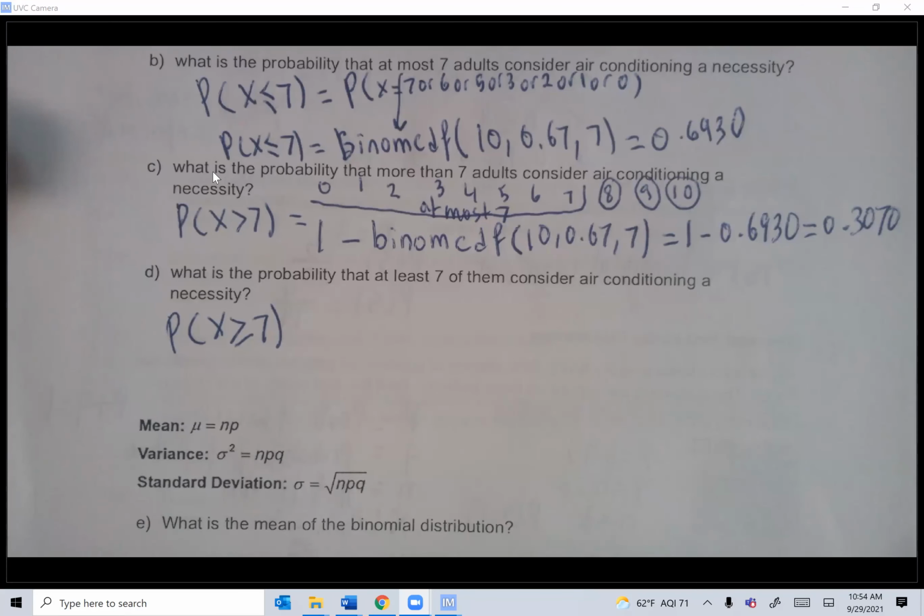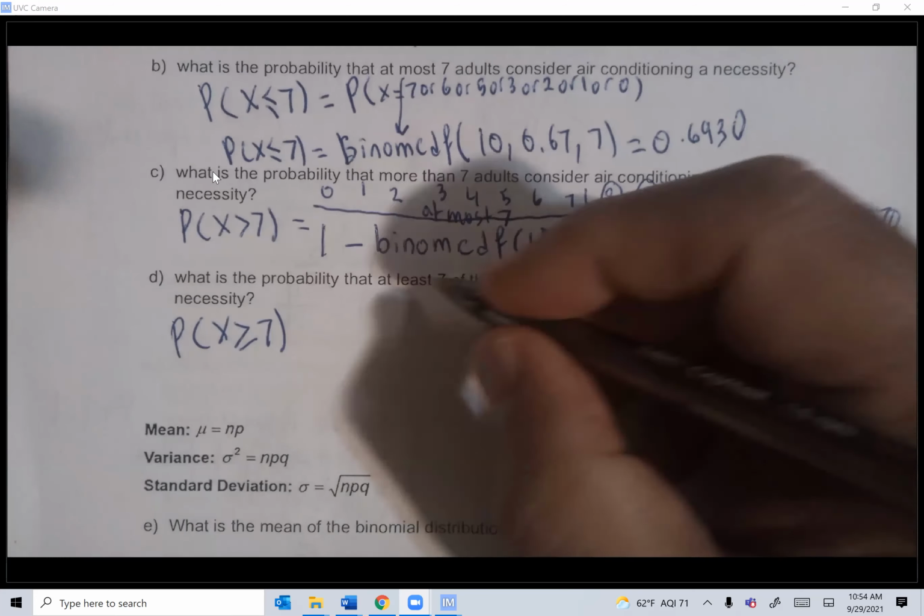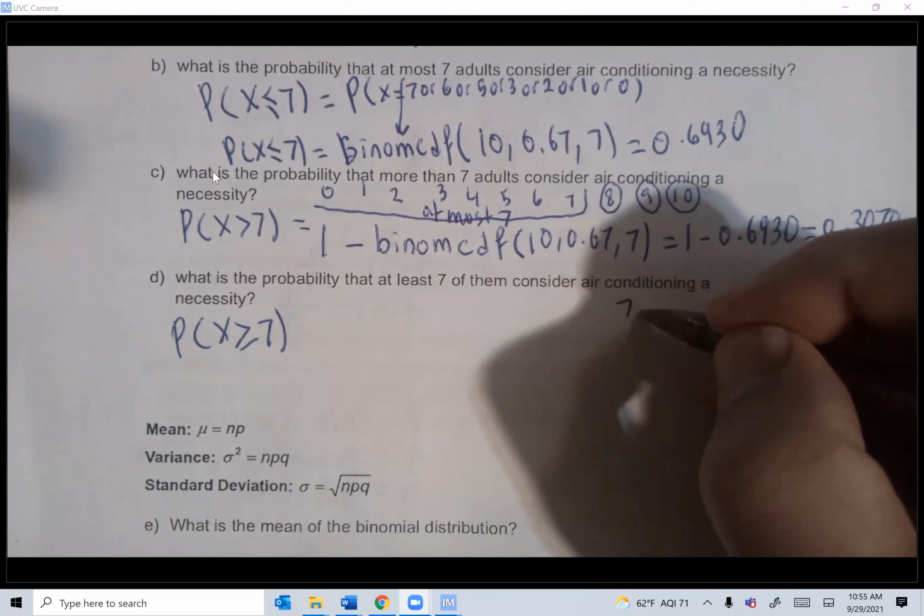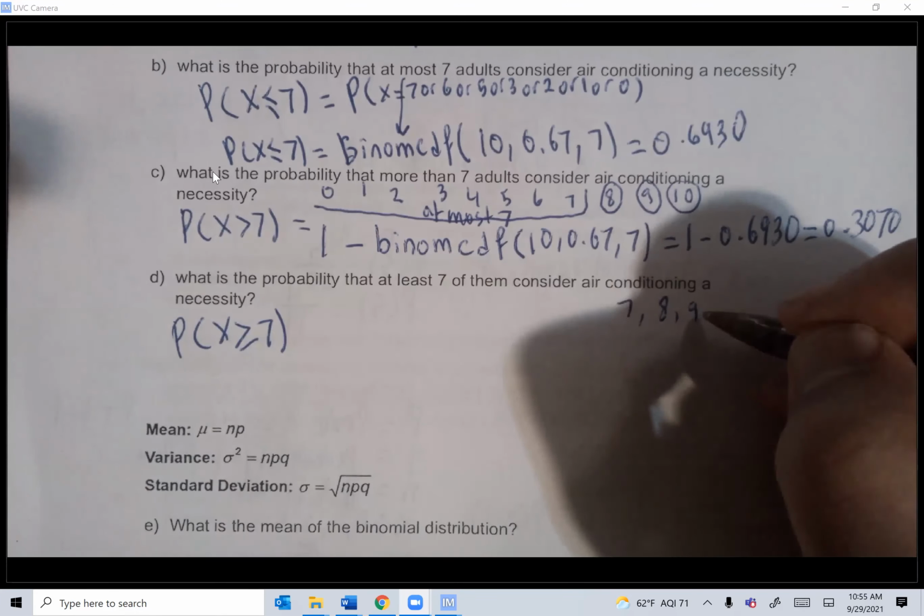And you guys, you can find the probability of x equals 7. You can find probability of x equals 8. You can find probability of x equals 9. You find probability of x equals 10 using the Binomial PDF and add them up. That's one choice. Or let me show you the alternative choice, which is a shortcut. At most 7 is what you said, 0, 1, 2, 3, but at least 7 means 7, 8, 9, 10.